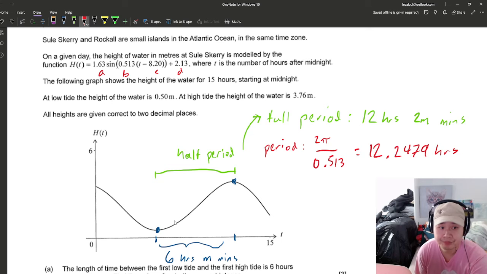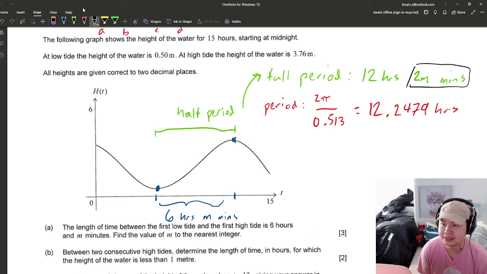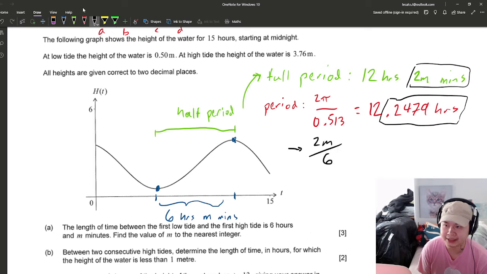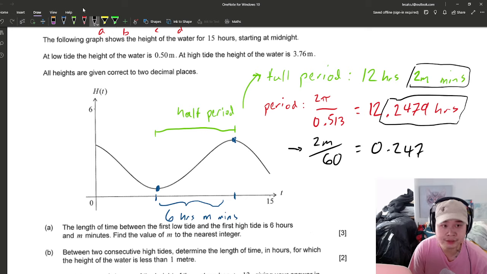Now, the hours are going to match, right? So this means that 2m minutes is the same as 0.279 hours. In other words, if we take 2m and divide this by 60, because there's 60 minutes in an hour, this fraction should be the decimal part of the period we calculated using B.